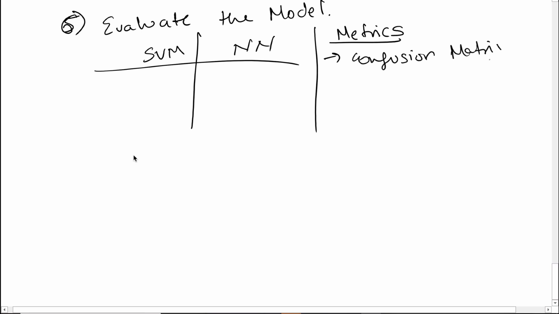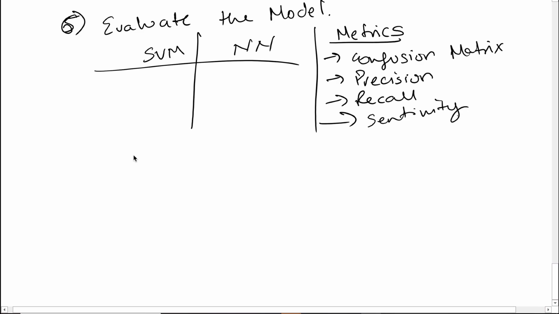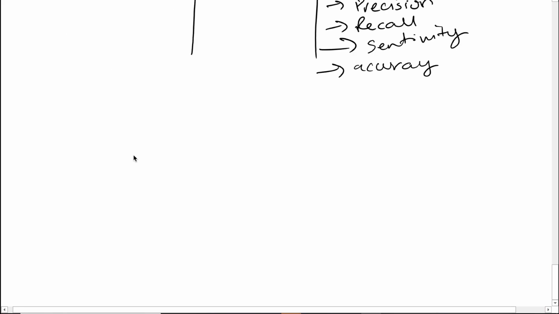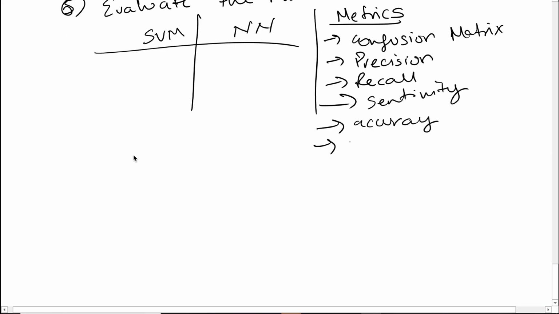Then we can look at the precision, we can look at recall, model sensitivity, and model accuracy, meaning how accurately the model is able to predict. Then we can look at the root mean square error and the mean absolute error, what type of error rates this model is producing. We can evaluate that as well.